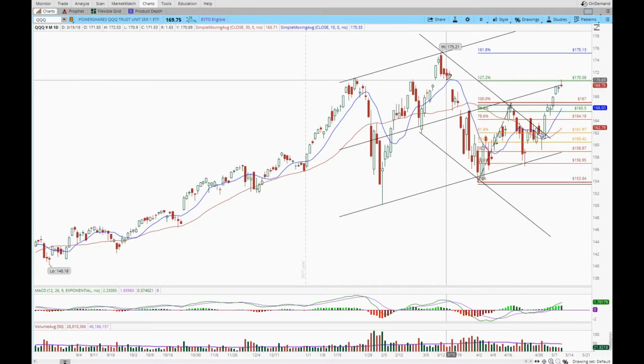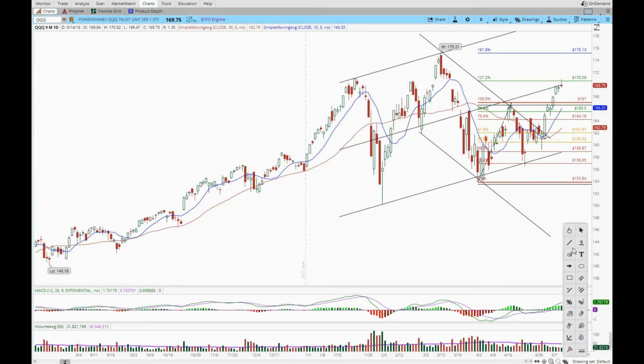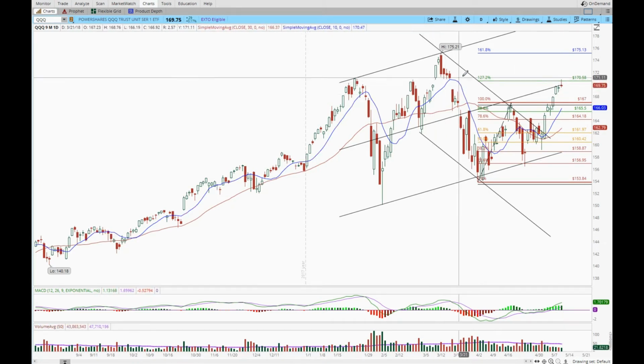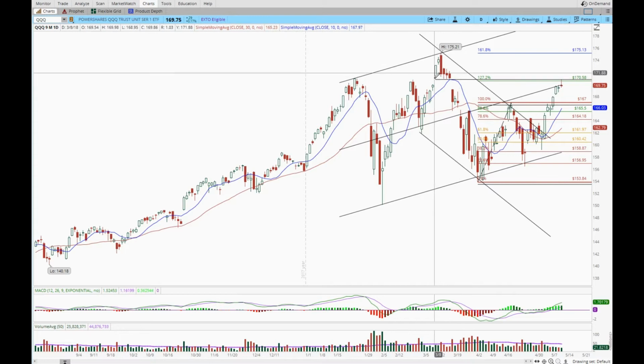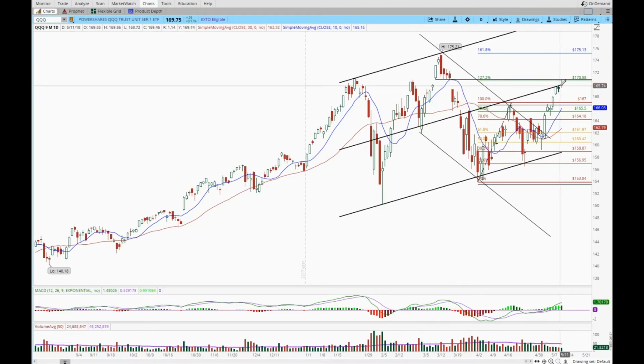If we see this area here, and I'm going to paint this level here, you see that it was right to the point on this level here. So this price is 170.82, the low point of this one, which was the gap that was filling out.